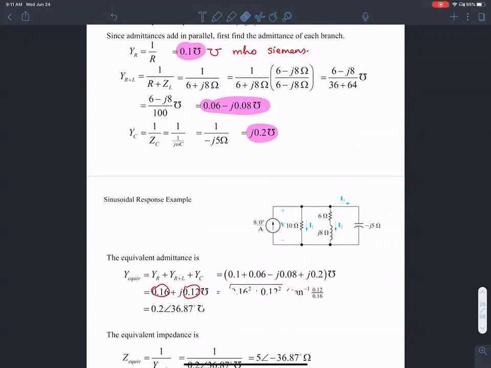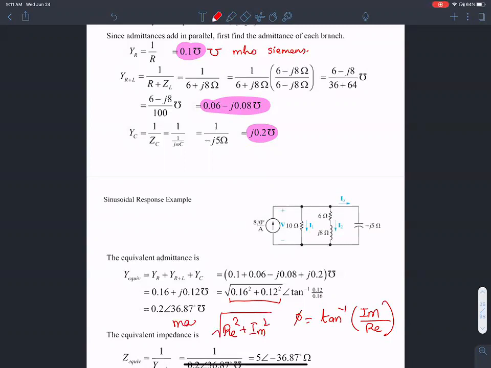That's the magnitude of the complex number, and the phase representation is tan inverse of the imaginary part over the real part. The magnitude is the square root of the real part squared plus the imaginary part squared.